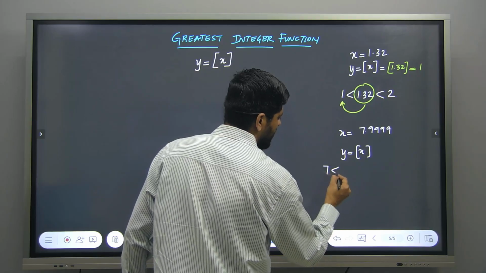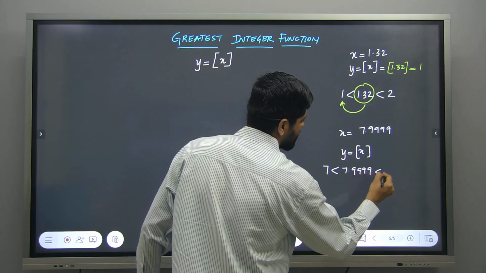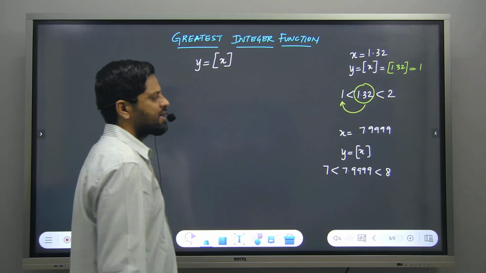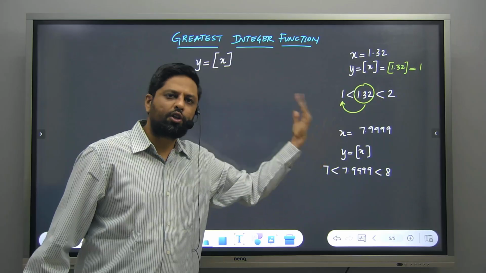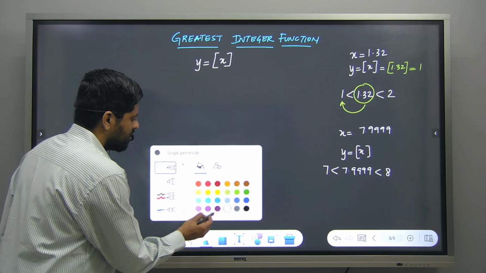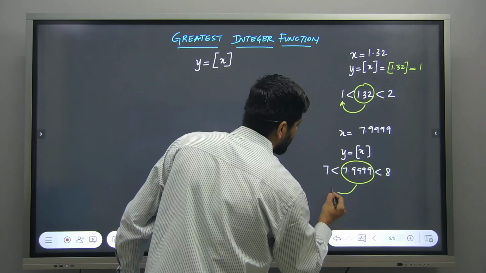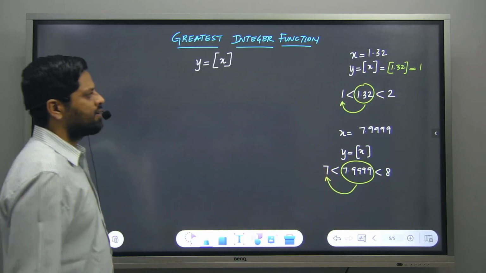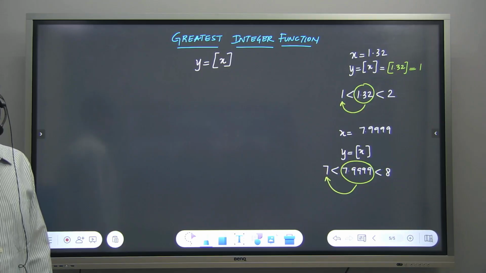First we need to check which two numbers it lies between. 7.99 lies between 7 and 8. What did we discuss? We go to the left, to the previous integer on the left. So the answer is going to be 7. Is this clear? Any confusion? No, sir.